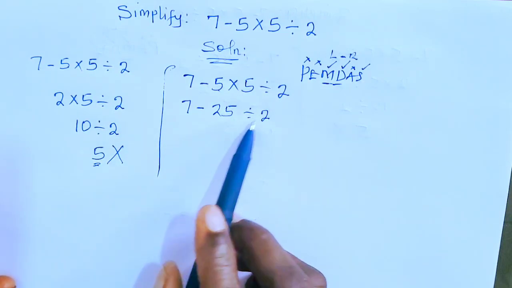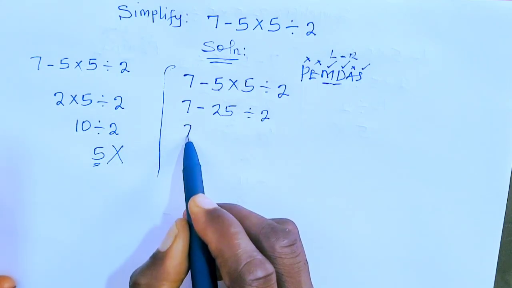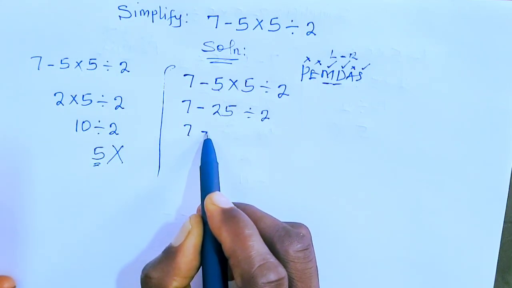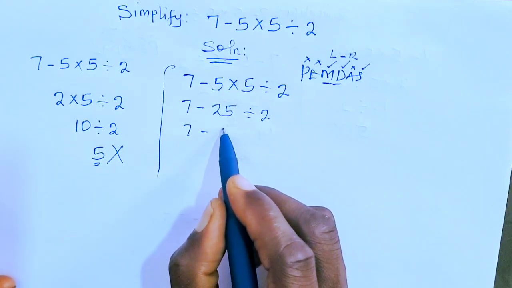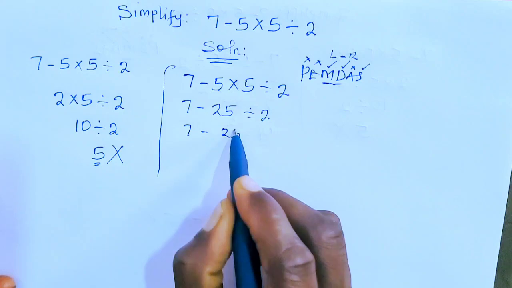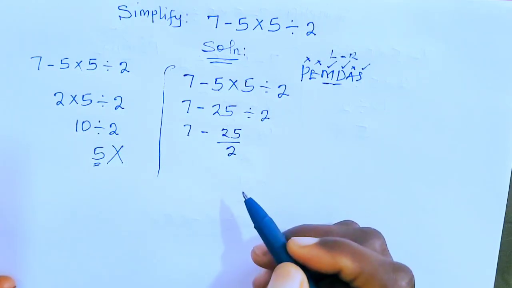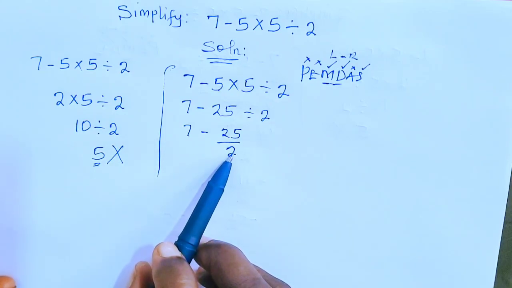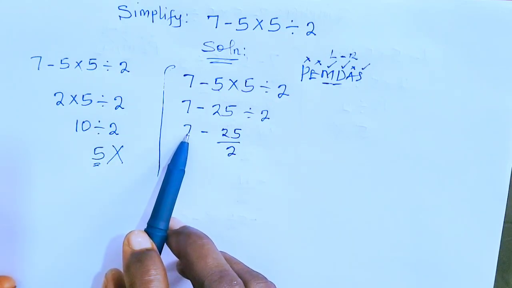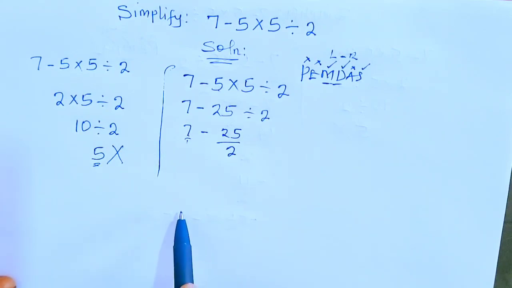Now here, we are going to take the division, and we are going to have 7 minus 25 divided by 2, which can also be expressed this way, or you apply KCF. Here, the denominator is 2. We are going to multiply by 7 because this is over 1 here.